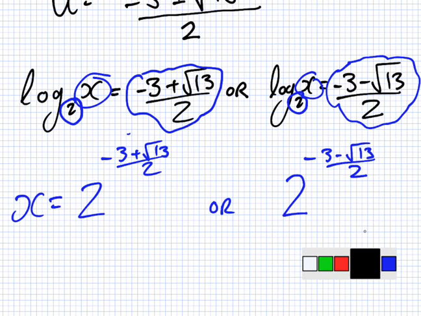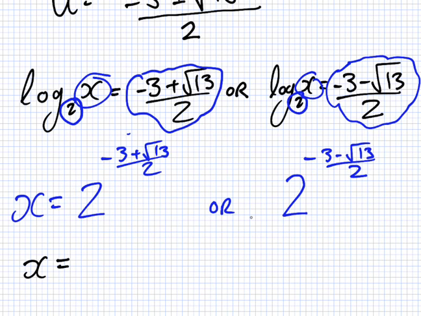Can I have these as decimals, please? 1.23, 0.1. Okay, 101 then.